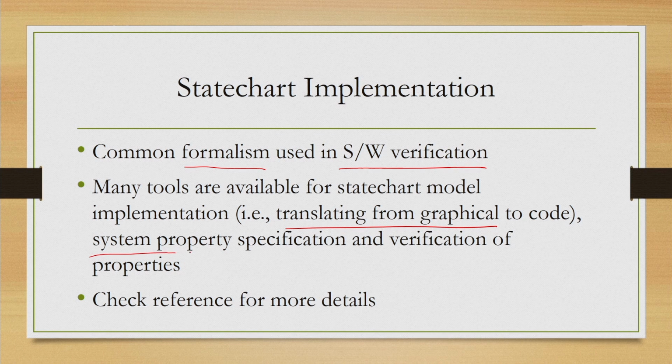Then there are tools available to specify system properties. State chart does not specify any property. State chart is a representation of the system, and we can verify this model to check for presence or absence of system properties.